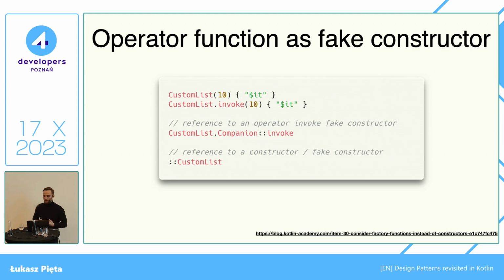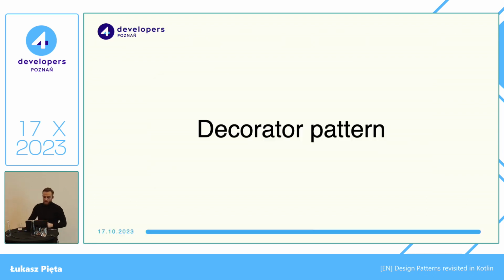When we create an operator invoke fake constructor, then we have a different one. So it's changing the API. I mean, you can do it, you can use it. Also, people in open source do it, but basically it's not recommended. There are other ways. You can use the other way of creating a fake constructor, not actually this one.